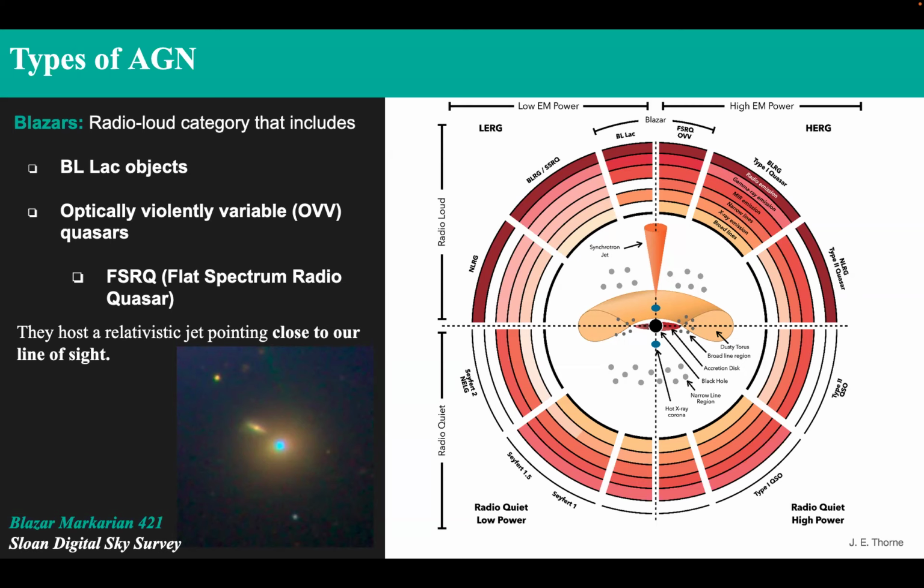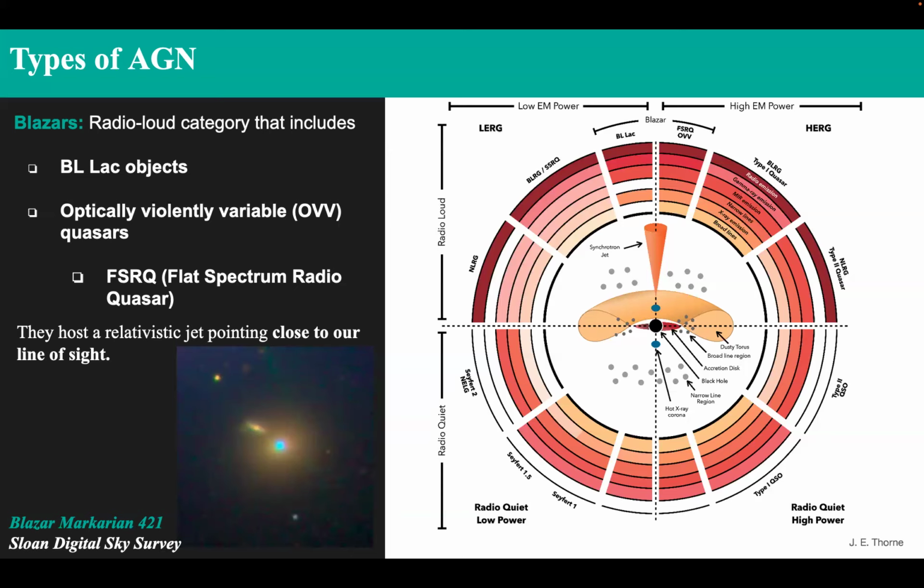And a subcategory of the OVV quasars is the flat spectrum radio quasar, which is the category the source that we study in this project belongs to, and we're going to see some information later.